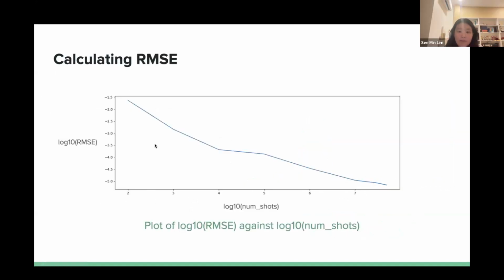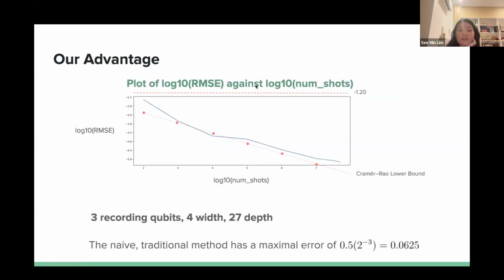What we have further worked on is calculating the root mean square error. In this example, I ran about 10 trials for each case, and I varied the number of shots that were used. This is about 100 shots, this is about 1000 shots, and this is the log root mean square error. Our advantage in this method is that it has much lower error with the same number of qubits compared to the naive traditional method.